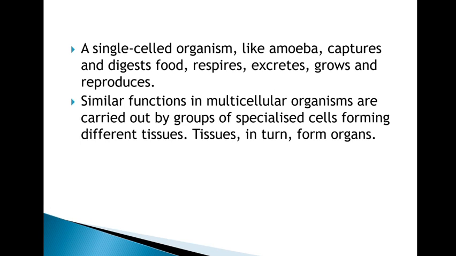In amoeba, a single cell performs all these activities, whereas in multicellular organisms, these activities are carried out by groups of specialized cells. These cells form tissues, and these tissues in turn form organs.